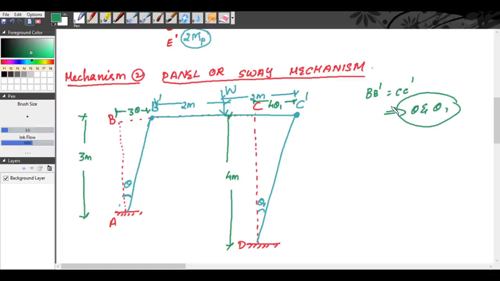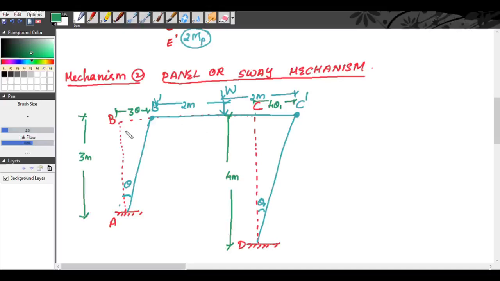That means, see, now this angle is theta. This is 3 theta. So now you take C dash. You put here as 3 theta. You give this value as 3 theta and find what is this angle. You can do it in any way. So final answer will be same because you are taking external work done is equal to internal work done.